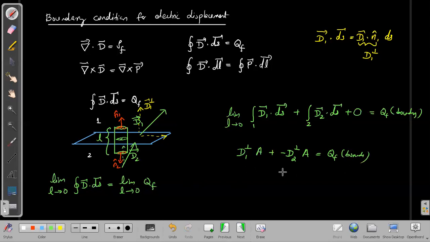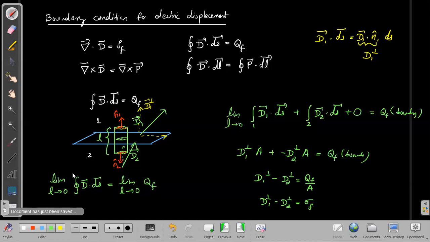Okay, so this A can be taken to the right side. So what I will get is D1 perpendicular minus D2 perpendicular equal to Qf by A, and Qf by A is nothing but the surface charge density sigma f at the boundary.